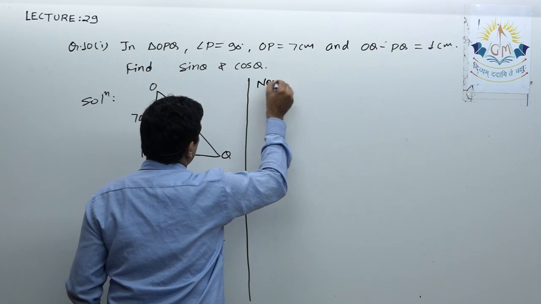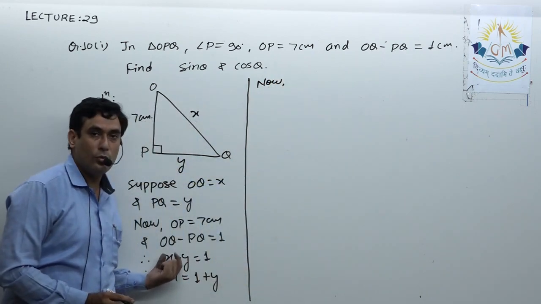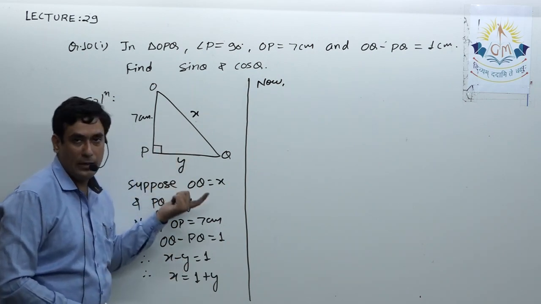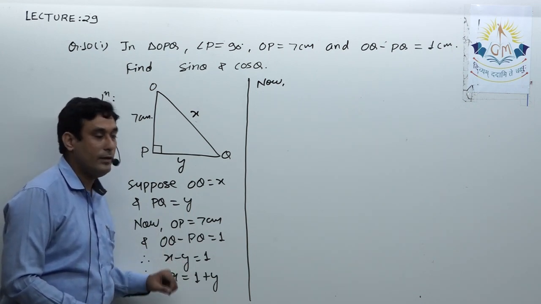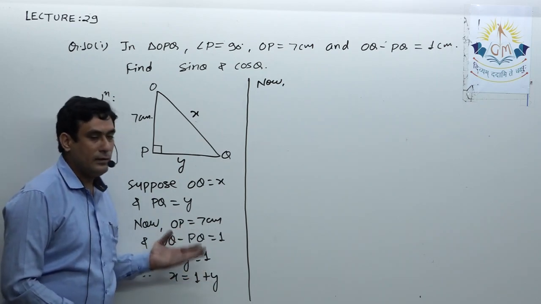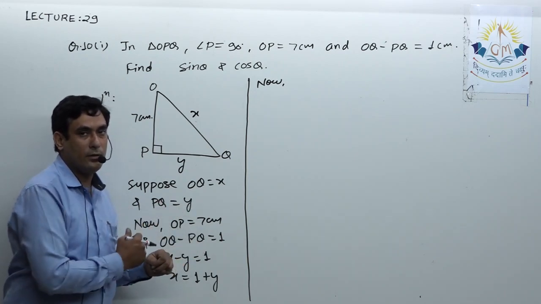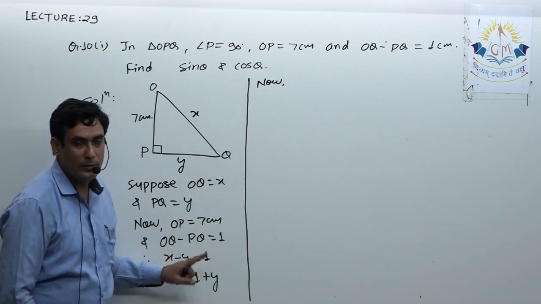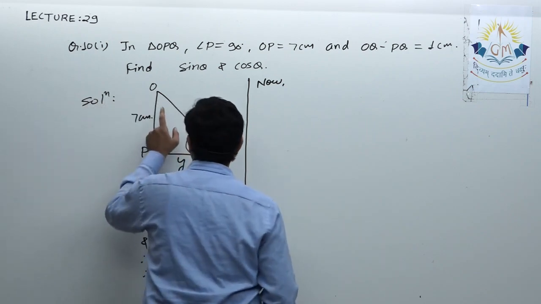One more thing to keep in mind, there are two unknown sides of the triangle, in other words two variables, X and Y. As there are two variables to find, we must have two equations or two relations between X and Y. One is X minus Y equal to 1.